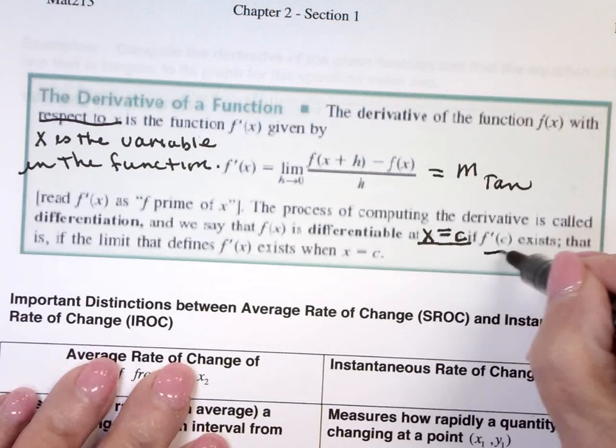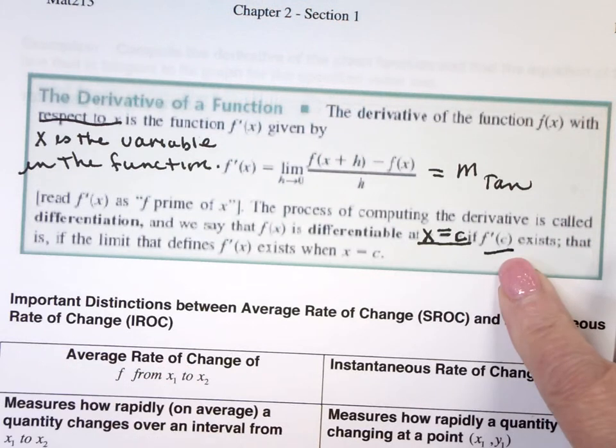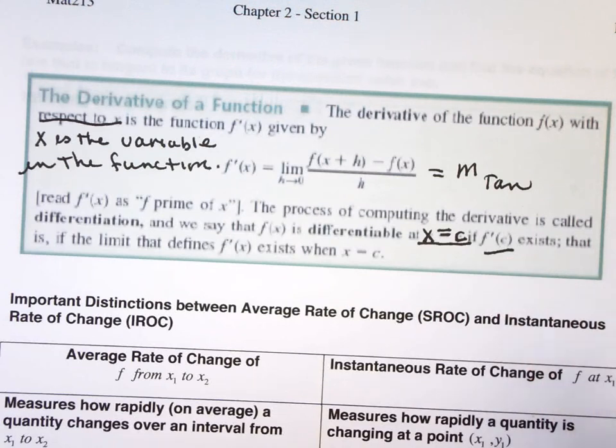If f prime of c exists, that means there's no hole in the graph, there's no jump at c. That is, if the limit that defines f prime of x exists at x equals c, everybody's happy. Because f prime of c would not exist if there were a hole, because f of c doesn't exist.